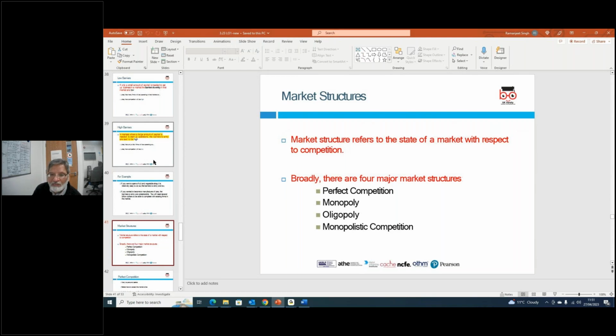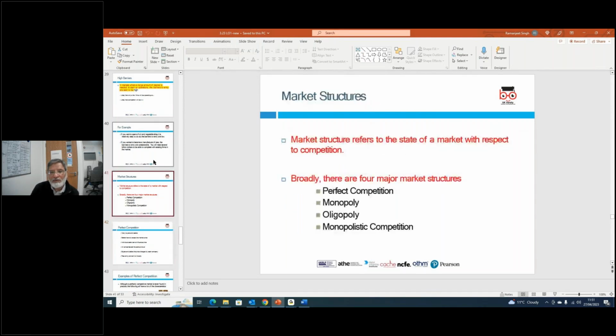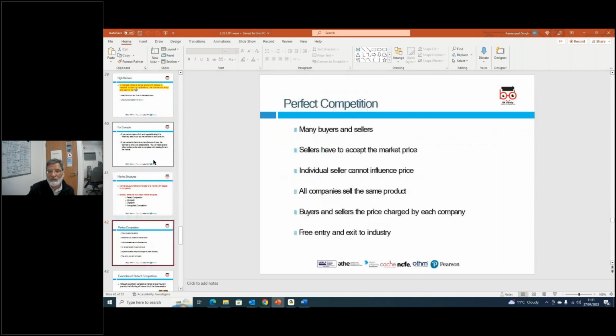Okay, so if you look at the market structure of perfect competition, quickly, perfect competition is when there are a lot of buyers, a lot of suppliers. There's perfect knowledge. There's movement of goods and services. People get into the business and they can come out very quickly.